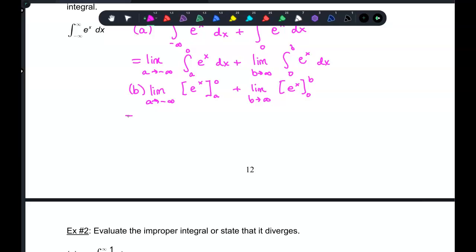Okay. So limit as a approaches negative infinity, that's going to be e to the 0 minus e to the a, plus limit as b approaches infinity of e to the b minus e to the 0.